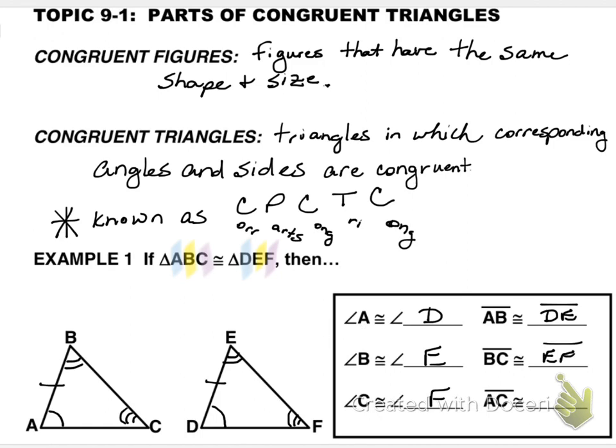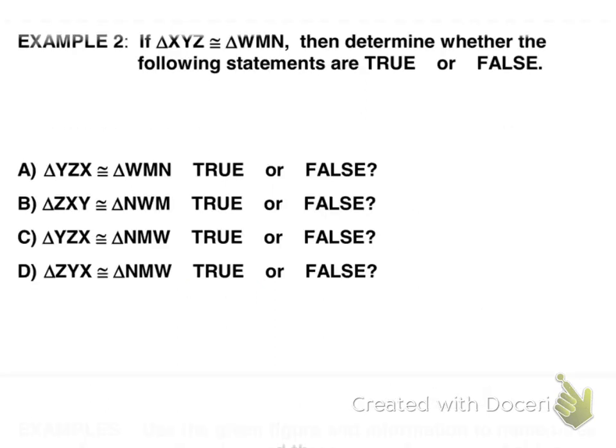We could mark those with 2 hash marks to show that they're the same length. And we could go down to the base and mark that with 3 hash marks to show that that's the same length. So side AC is corresponding to side DF. Alright, so that's how you match corresponding parts of the congruent triangles.